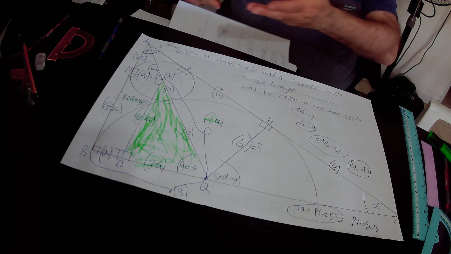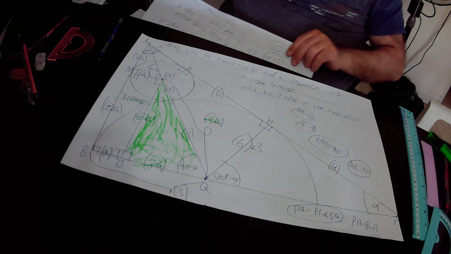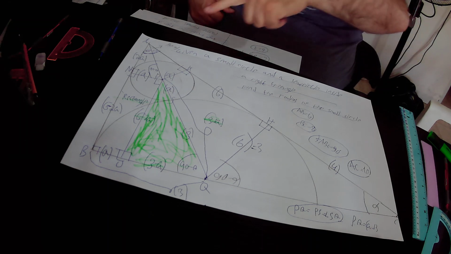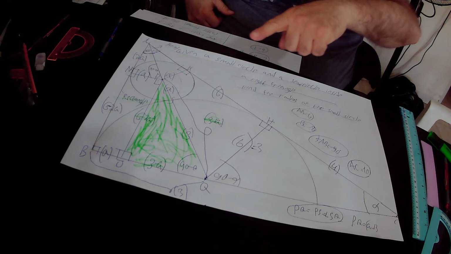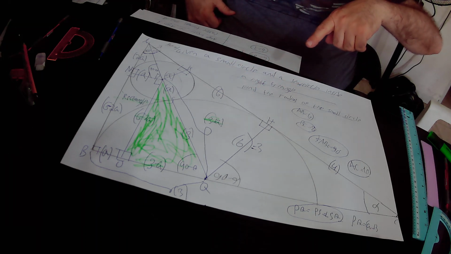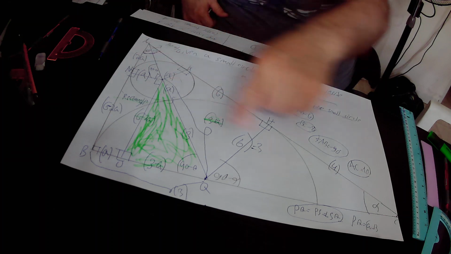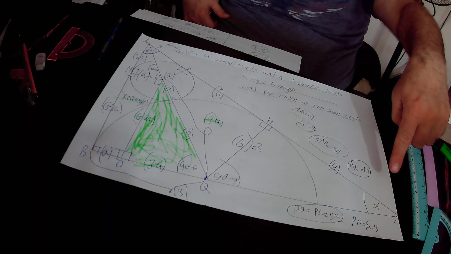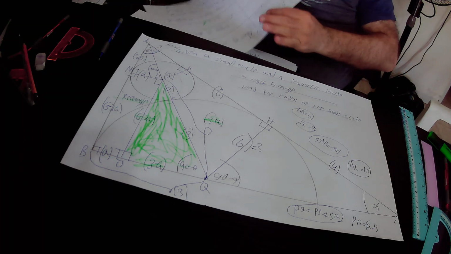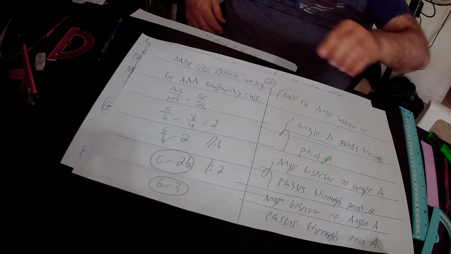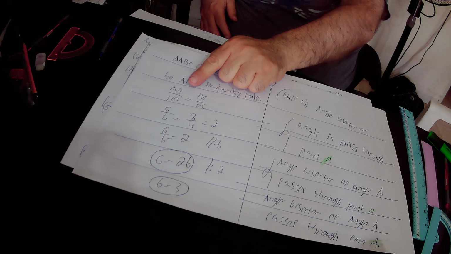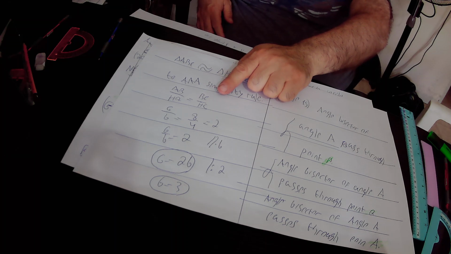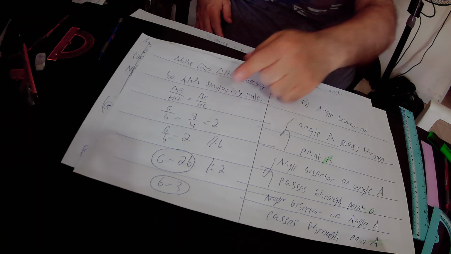And from the fact that those two right triangles are similar to each other, we will derive that the following relationship exists between their sides. We will derive that side AB in the big right triangle ABC over side HQ in the small right triangle HCQ equals side BC in the big right triangle ABC over side HC in the small right triangle HCQ.